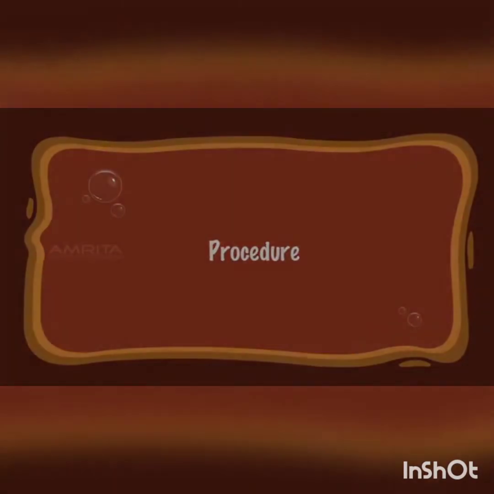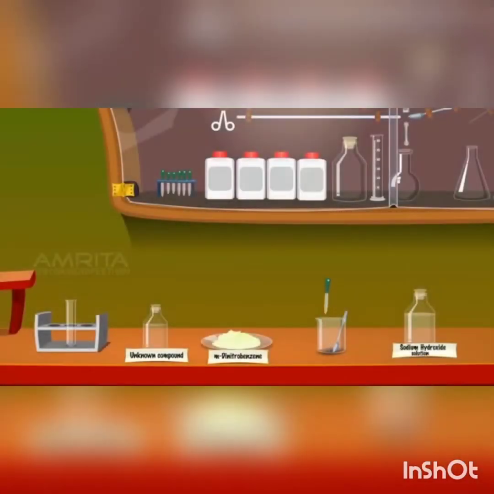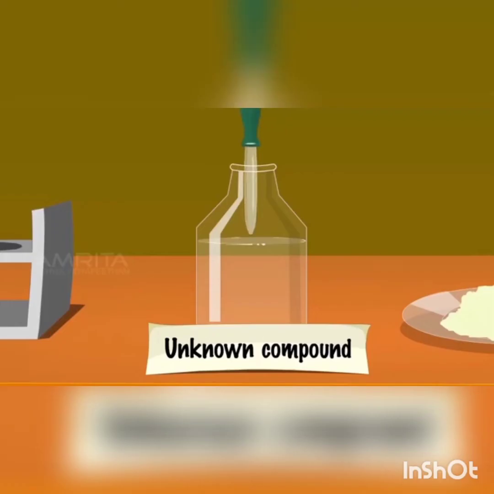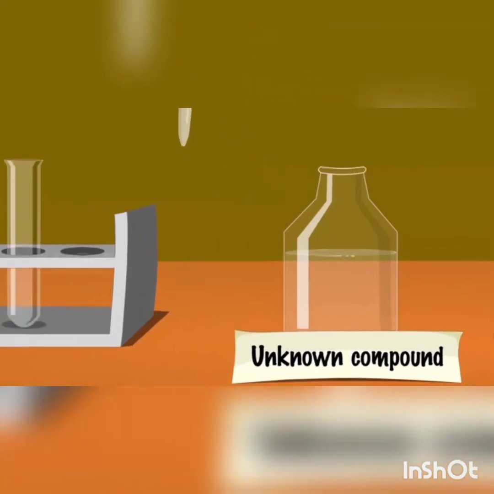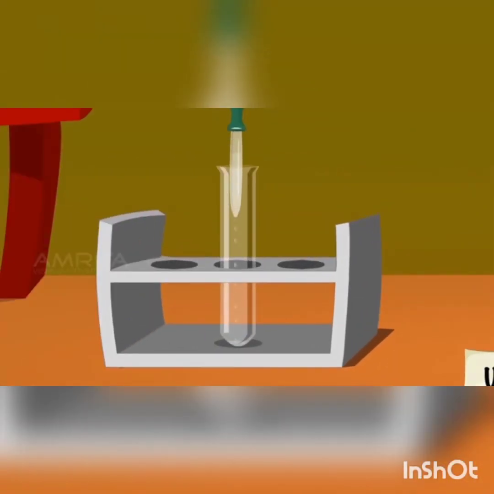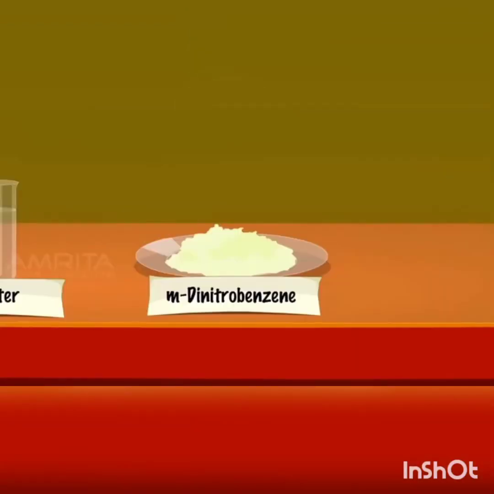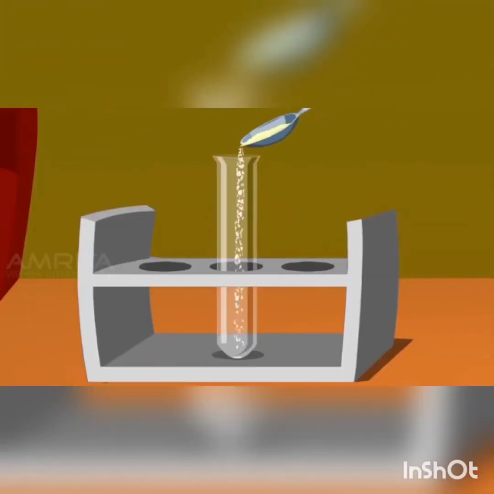M-dinitrobenzene test. Procedure. Take a dropper. Take some drops of given liquid. Pour it into a test tube. Add a small amount of powdered m-dinitrobenzene to it.